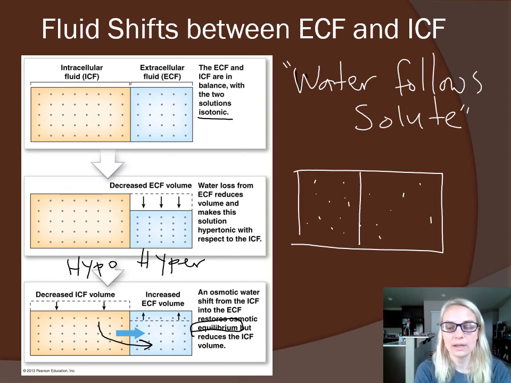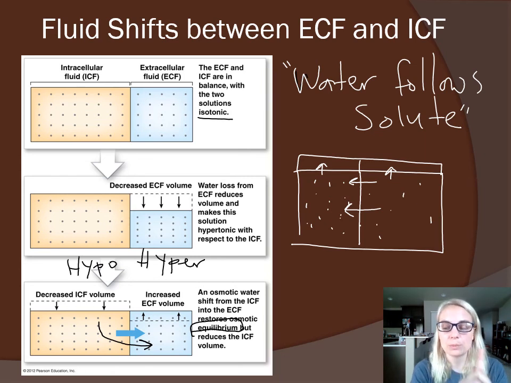So now if our cells are the hypertonic environment, water will move this way, increasing both of the volumes, and eventually the water will move in to try to create an equilibrium. The problem with this, though, is we have just plasma membranes as a barrier to our cells.